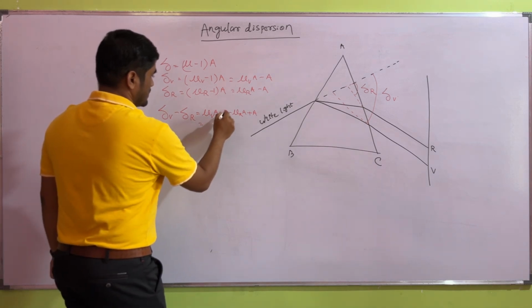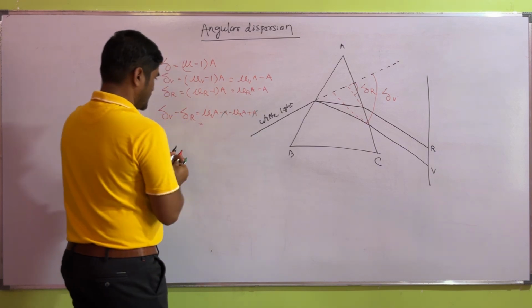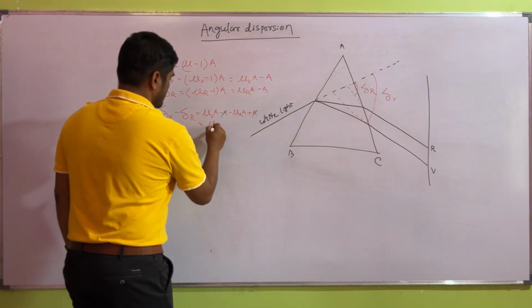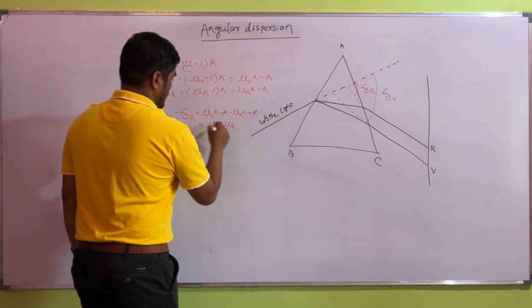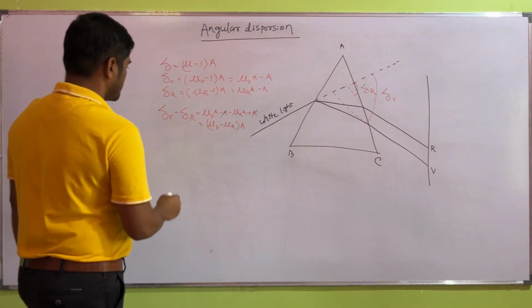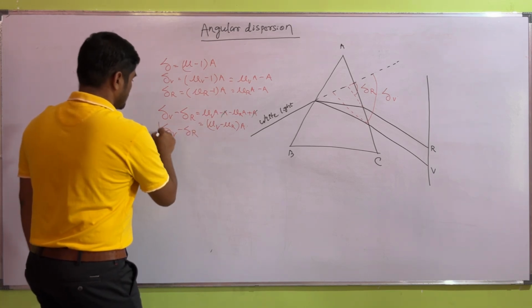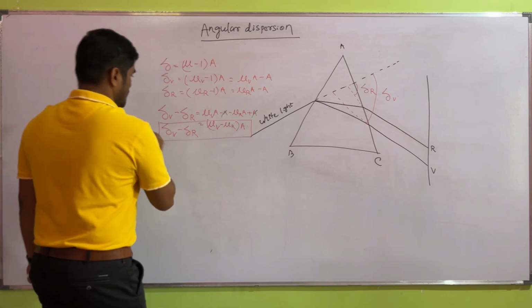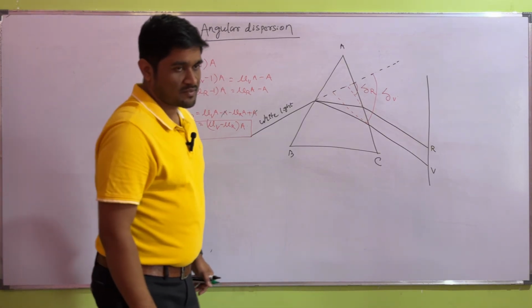So this A and A cancel, and this will be (mu V minus mu R) into A. So this is the formula of angular dispersion.